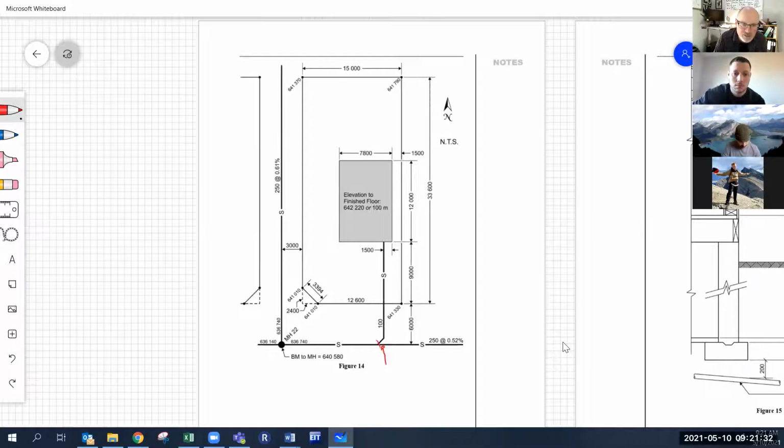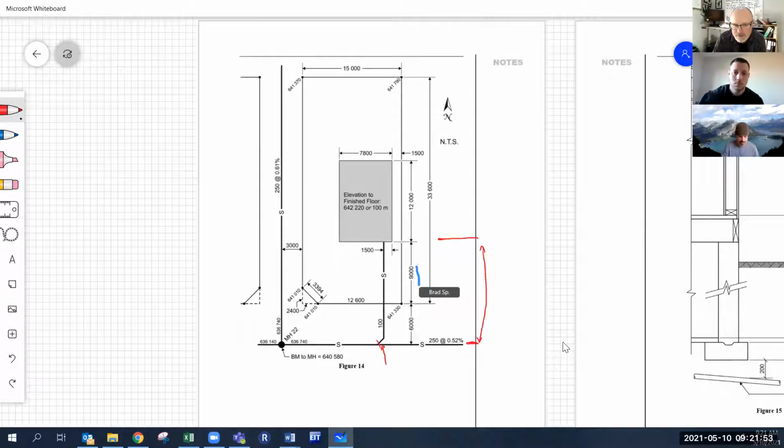So we need to know the distance this runs, right? We need to know the distance of our run. So anybody figure out the distance of our run here?